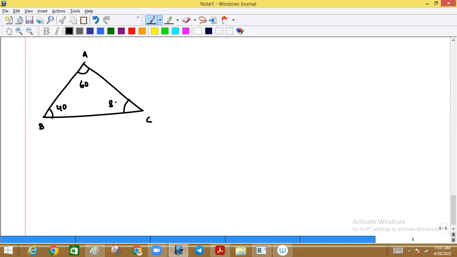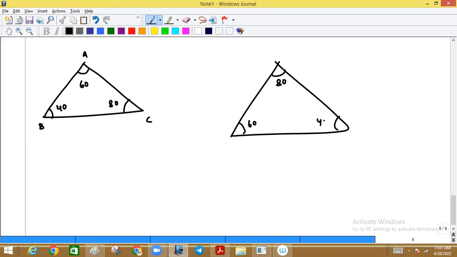How much is it? 80. So 60, 80, 40. Right? If I give you one side is 3, another is 8, and if I give you one side is x, another is 9, what is the value of x if I ask you?